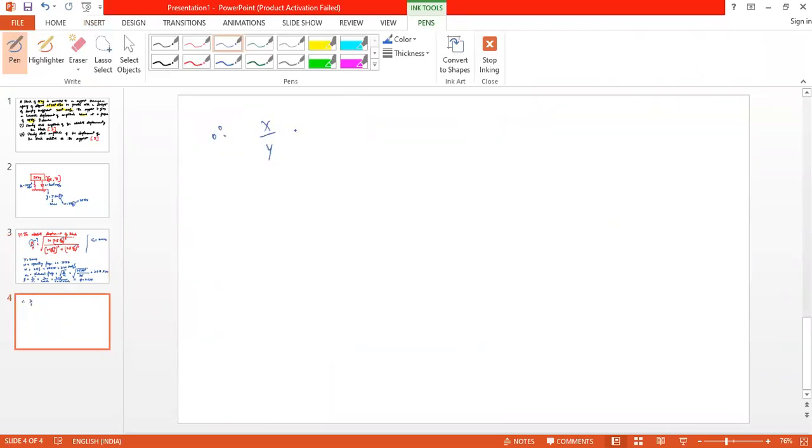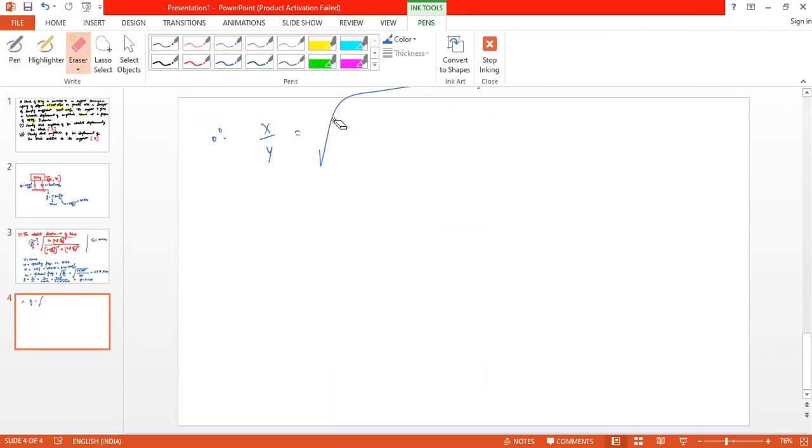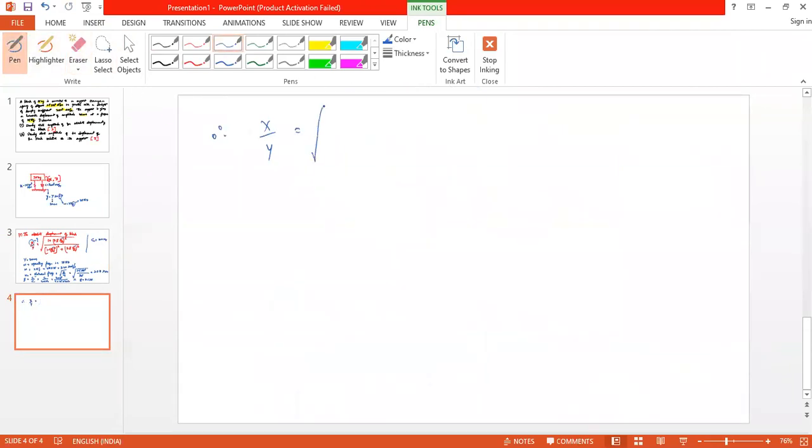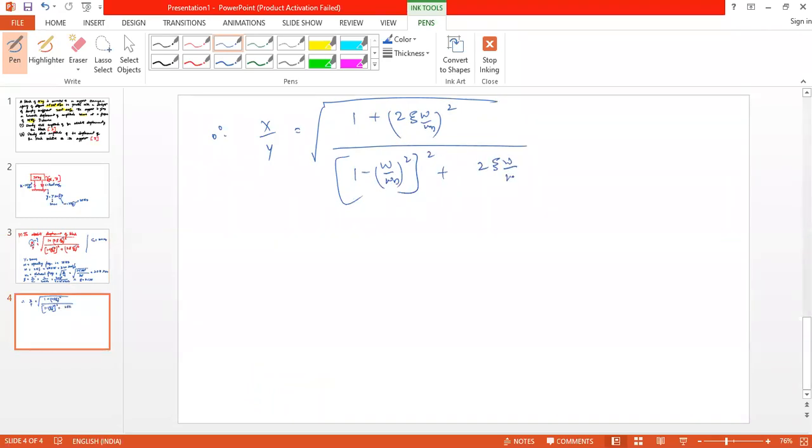Therefore, x by y is equal to root of 1 plus (2 zeta omega by omega n) whole square, that divided by (1 minus (omega by omega n) whole square) plus (2 zeta omega by omega n) whole square.